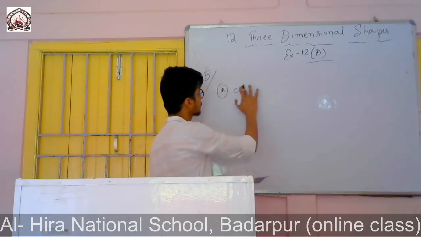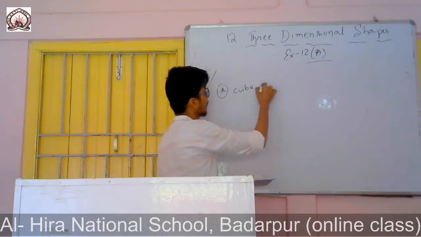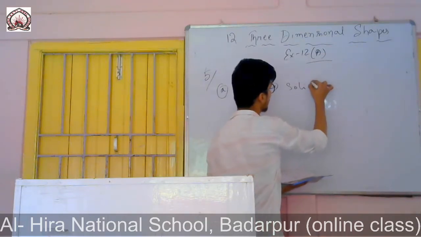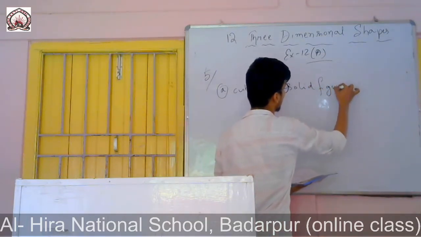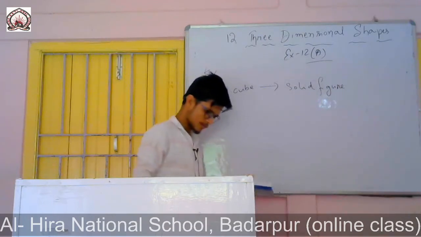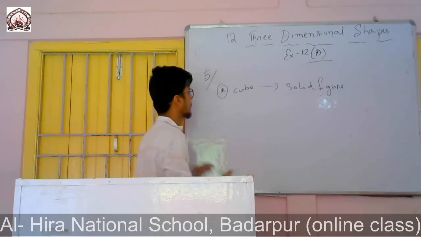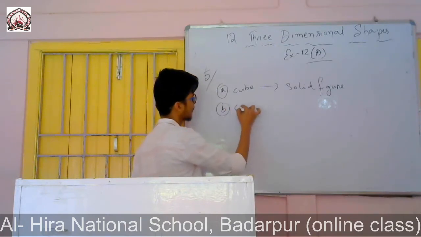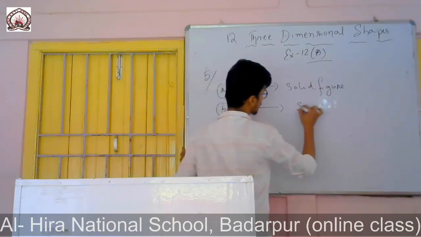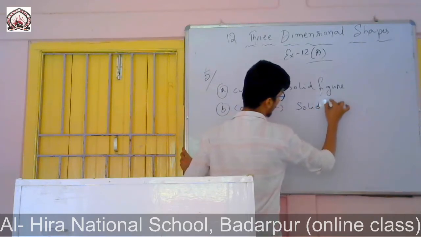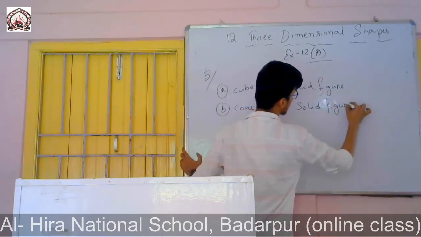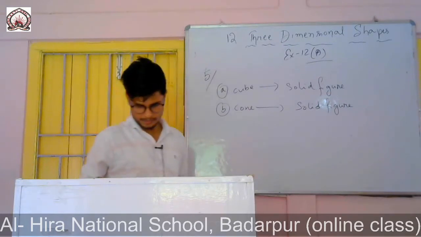Cube is a solid figure. Then cone is also a solid figure. These are 3D figures. Solid figures.